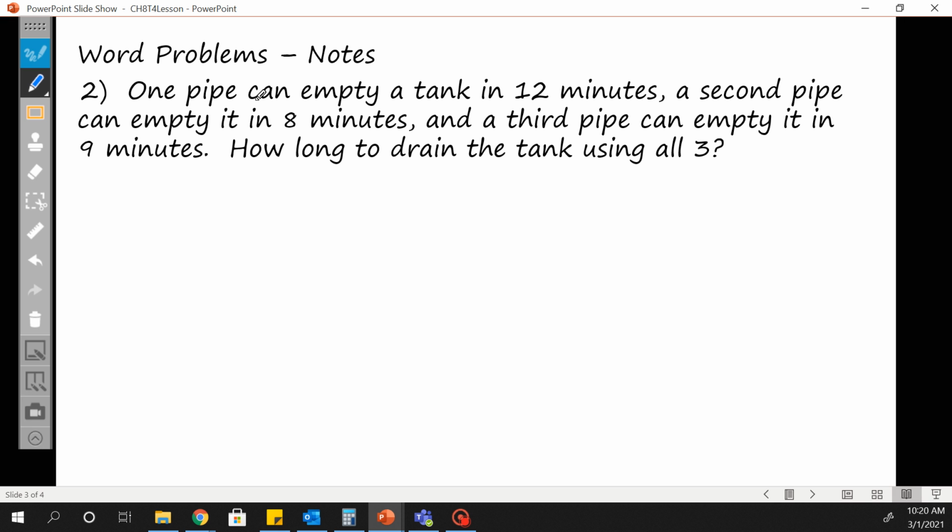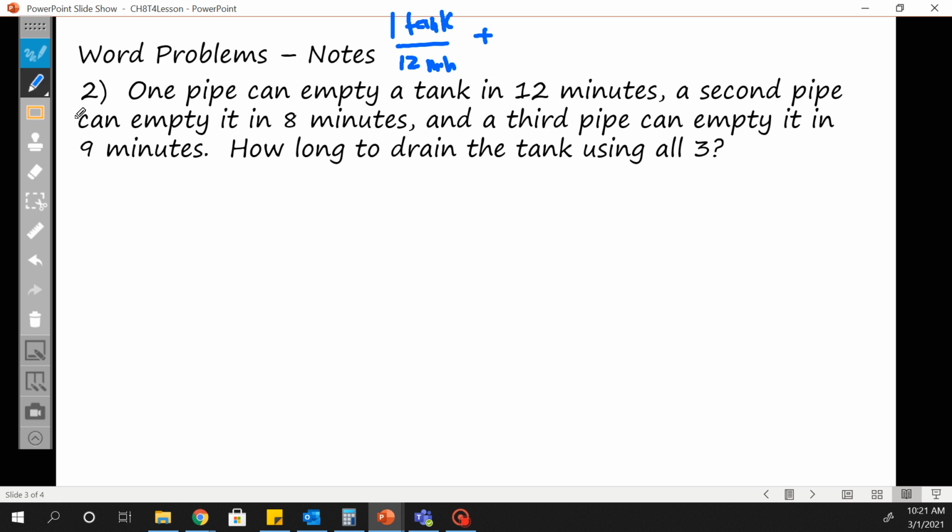Number 2, one pipe can empty a tank in 12 minutes, a second pipe can empty it in 8 minutes, and a third pipe can empty it in 9 minutes. How long to drain the tank using all three? Okay, so one pipe empties one tank in 12 minutes.